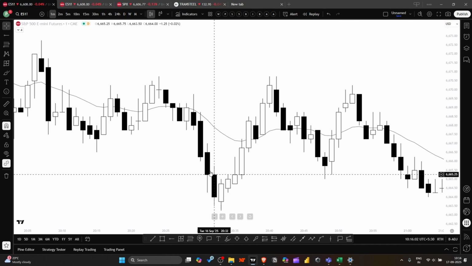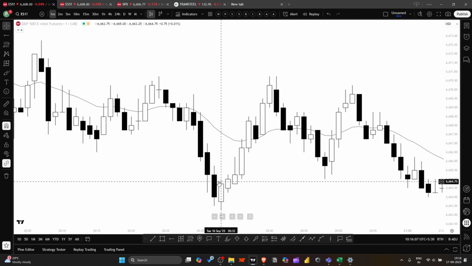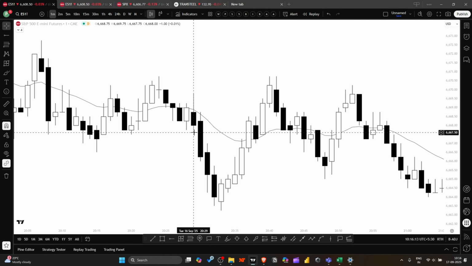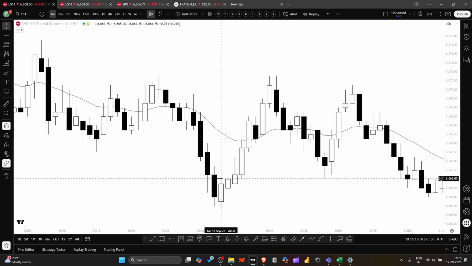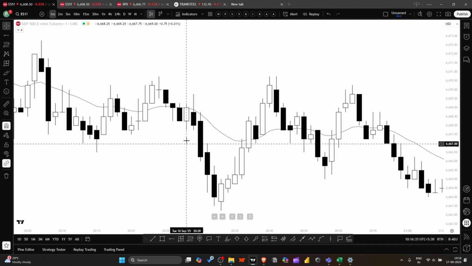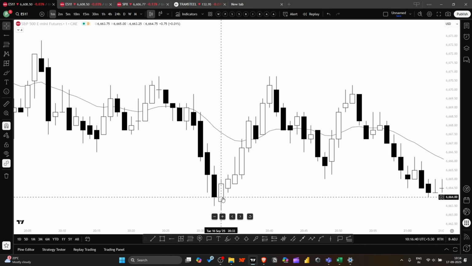Let's say the average range of each bar is somewhat close to this bar. What is the range of the bar? High to low is the range of the bar. So if you are comparing this bar with the rest of the previous 20 candles, and in those 20 candles you're comparing it with only the trend candles, not the trading range candles, if this range is comparable to the previous 20 candles' range, then I'll call this a trend bar.